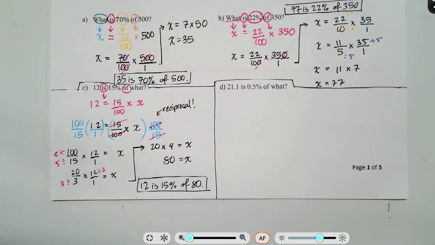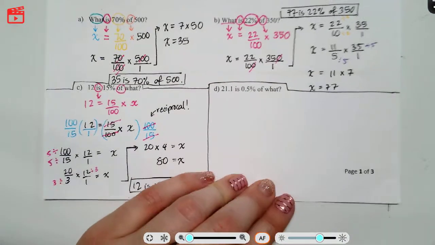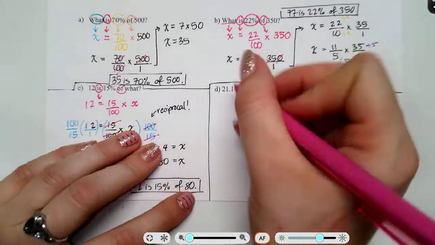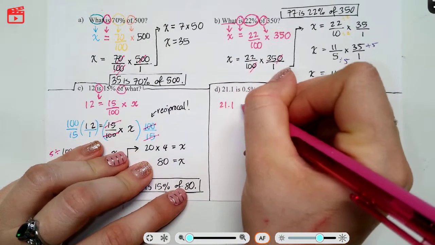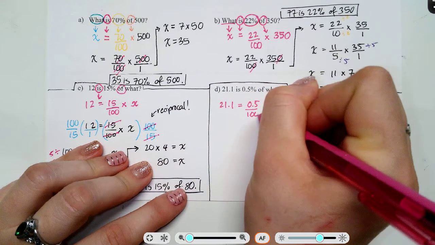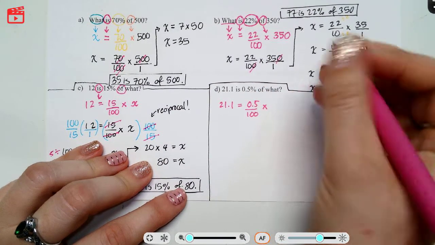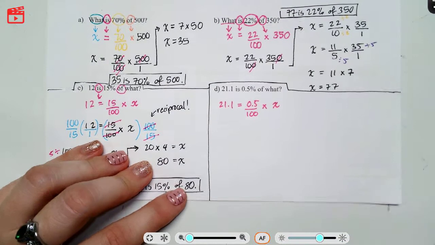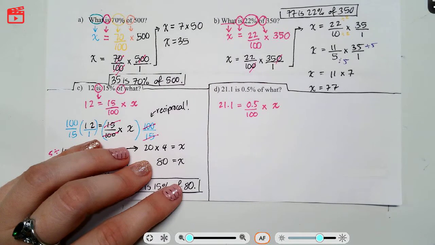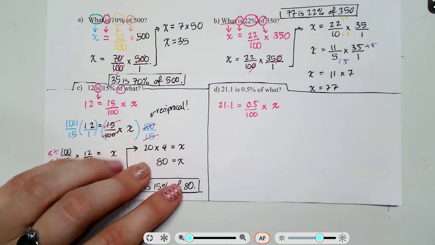And here we go, last part for this page. Translating this, we're going to get 21.1 is 0.5 over 100 times, and let's just use x again. All right, we're going to go ahead and get x by itself.